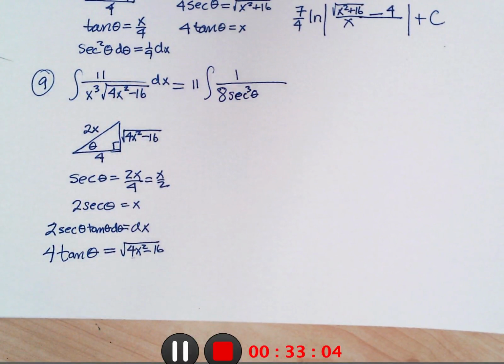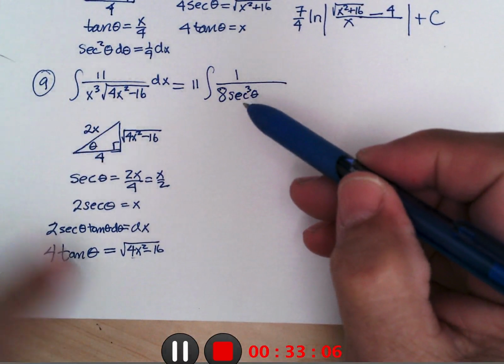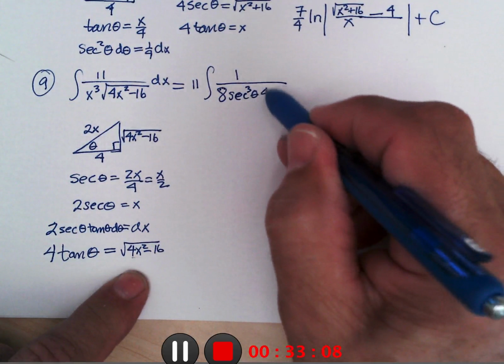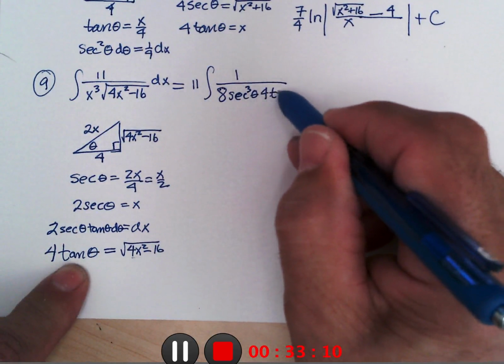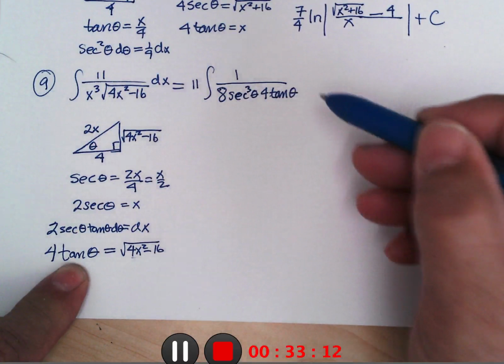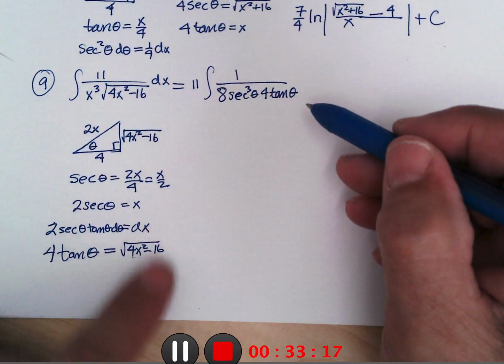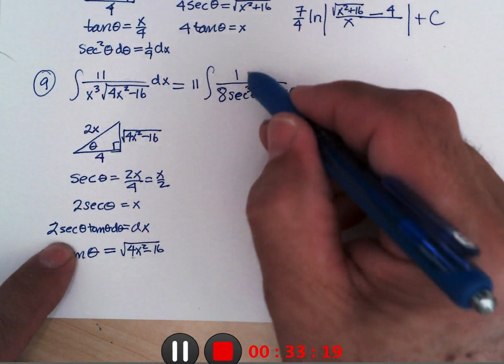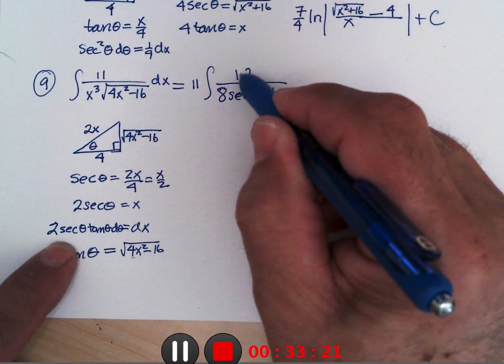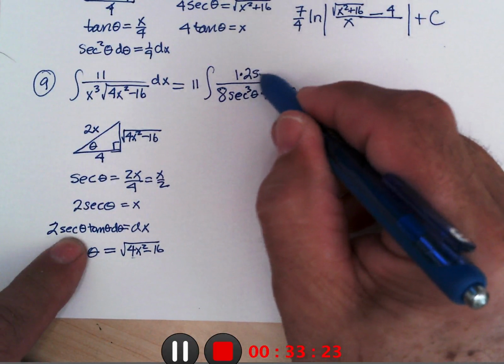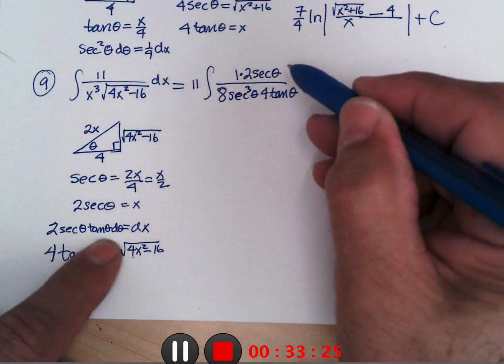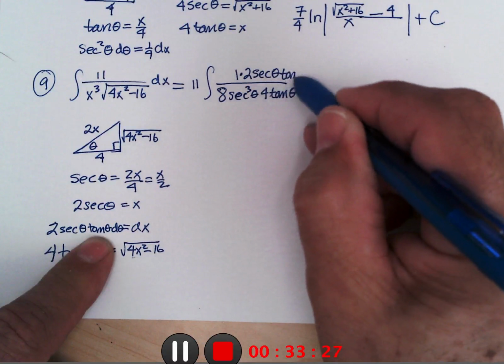And this is 4 tangent theta. And my dx is 2, this is times secant theta tangent theta d theta.